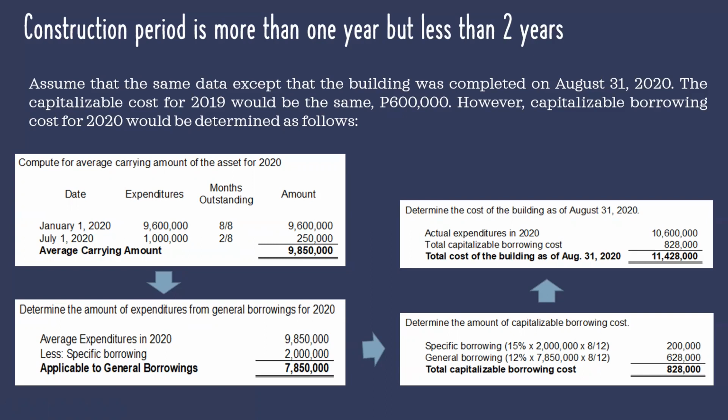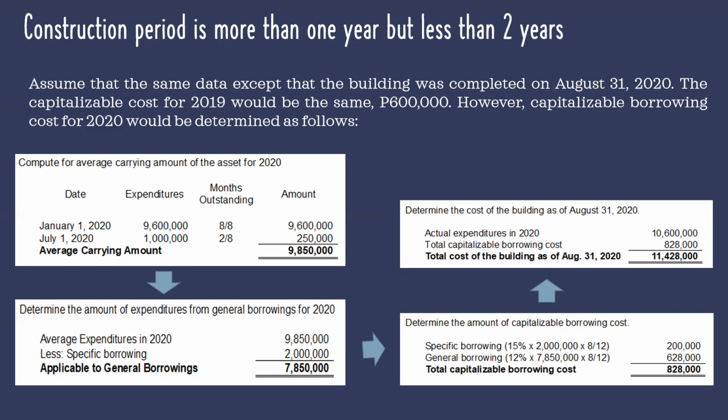Saan ba nagkaka-differ? So magdi-differ ang pag-compute or ang capitalizable borrowing cost for 2020 because of the fact that the building was completed in less than a year. So kung kanina doon sa ating computation ng capitalizable borrowing cost ay full year ang ating denominator. So this time kasi until 8 months lang.